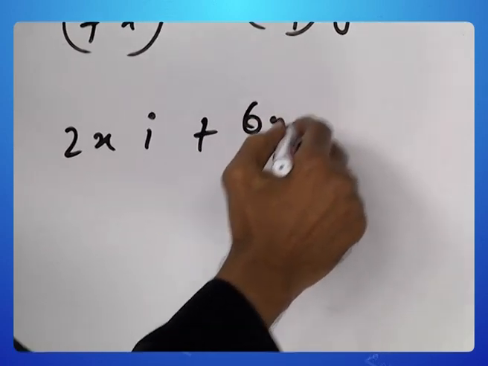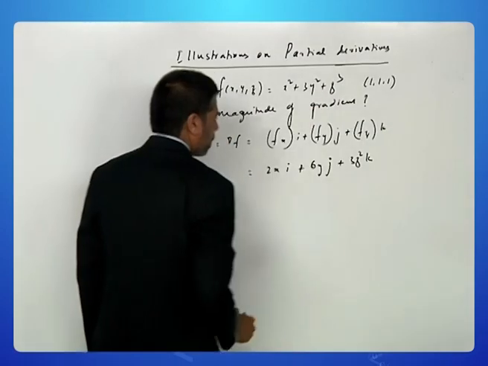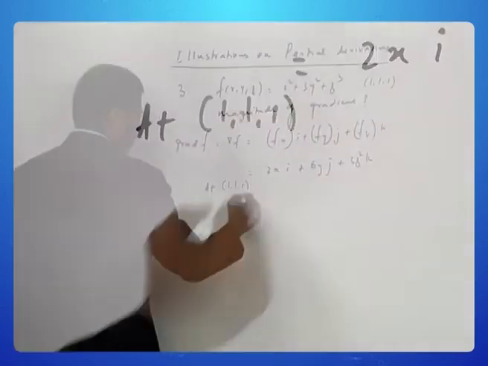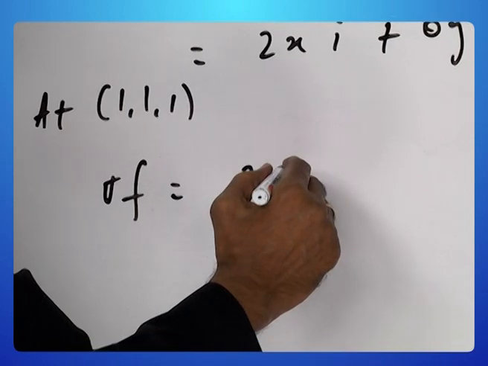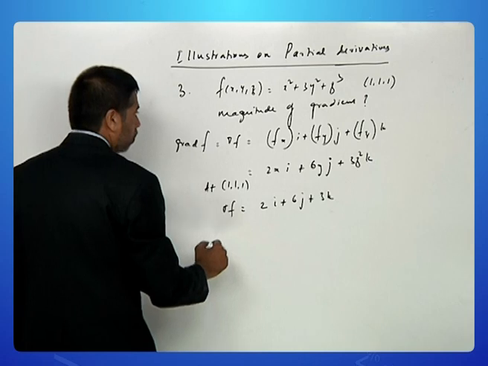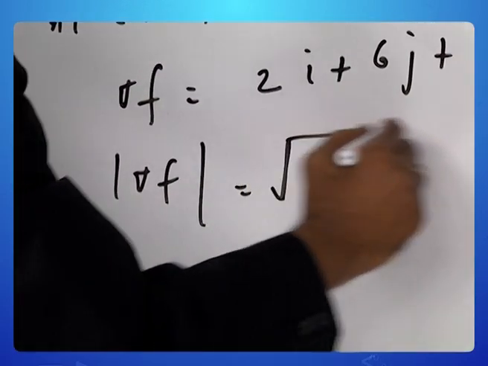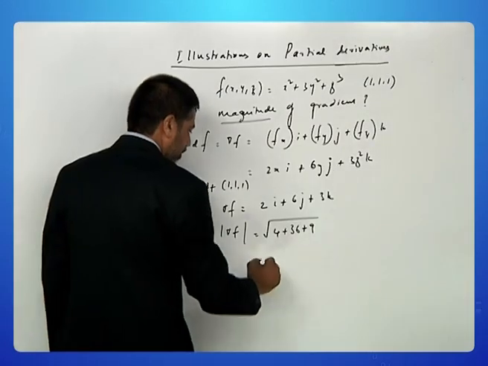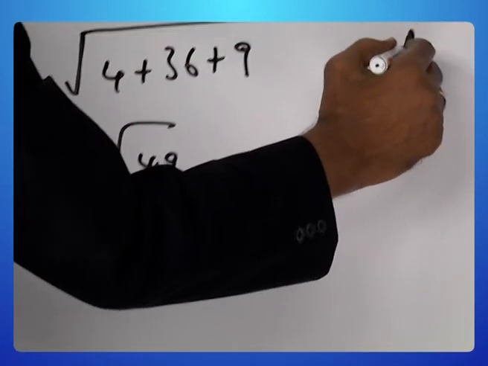Dou f by dou y is 6y j plus 3z squared k. So you substitute the point (1, 1, 1) and you will get the gradient field as 2i plus 6j plus 3k. What we want is a magnitude, so take the magnitude of this and it will be square root of 4 plus 36 plus 9, which is square root of 49, which is 7, corresponding to option A.